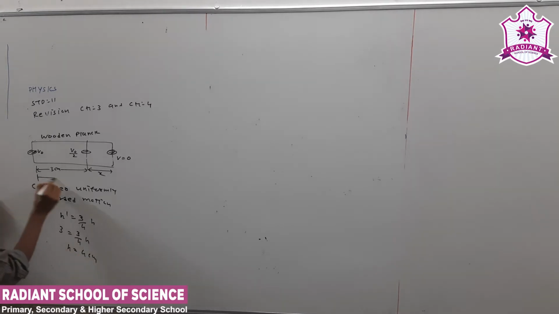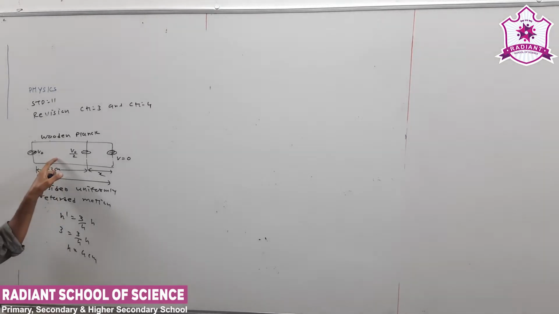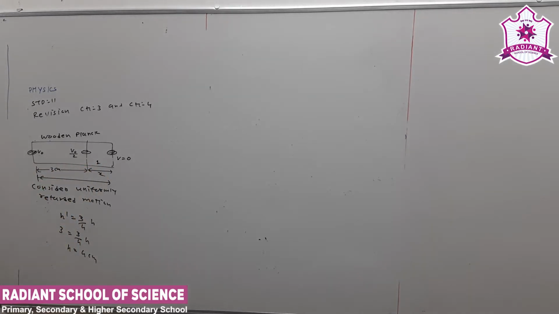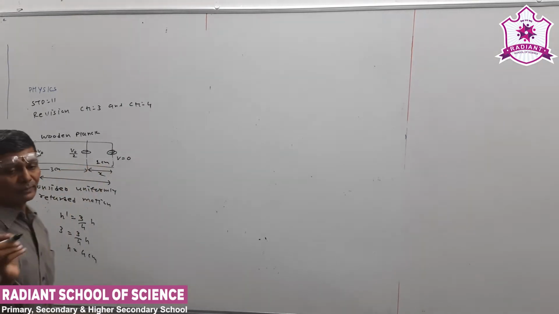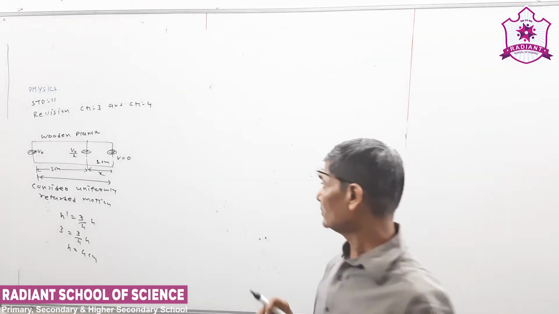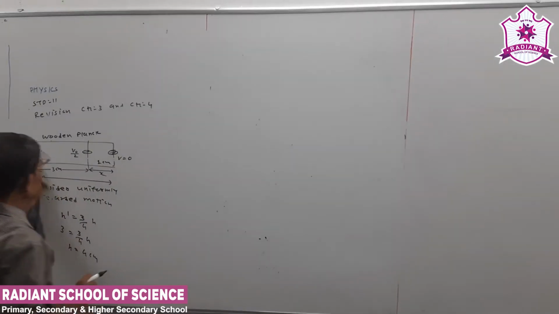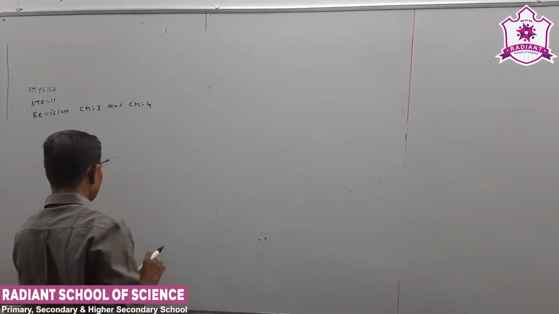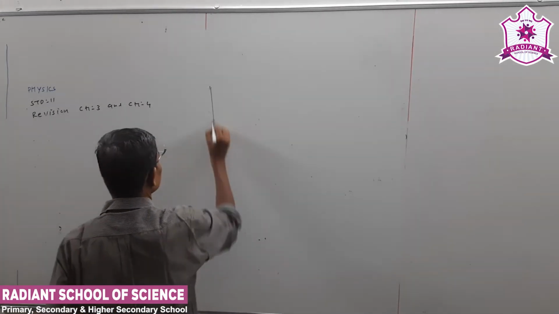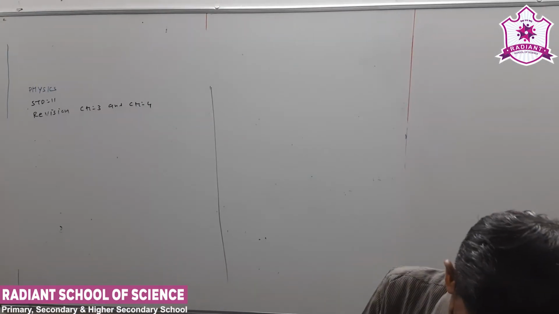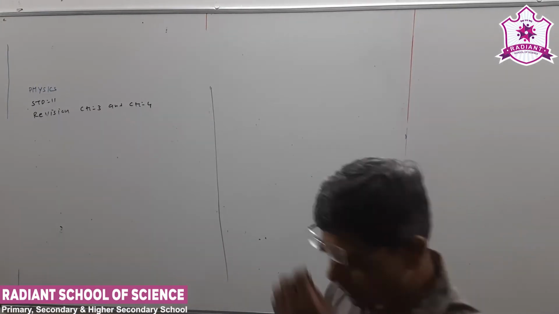That is our h now. Out of this 4 centimeter, 3 centimeter is already given. So what will be the remaining distance? 1 centimeter. Okay, so this is how we can calculate. A similar example you will study in lesson number 6 also, but it has some correlation. That's why I have discussed it.